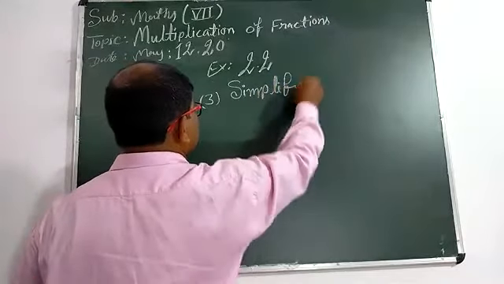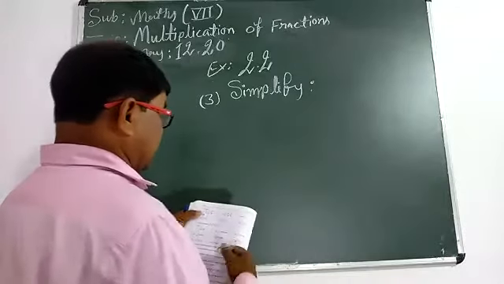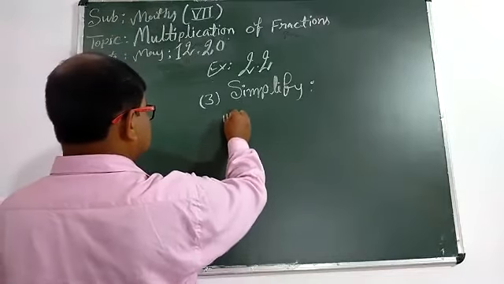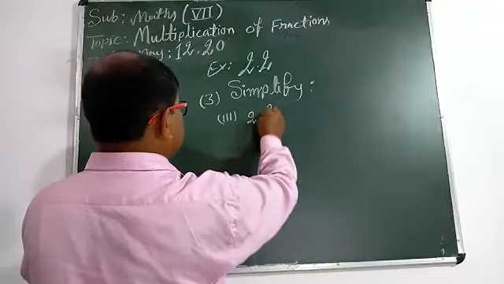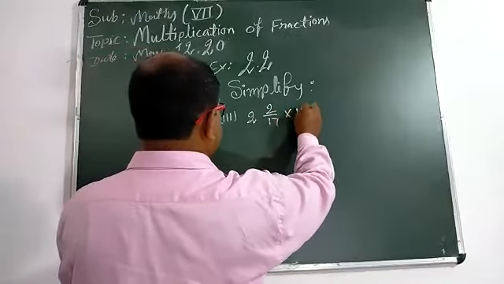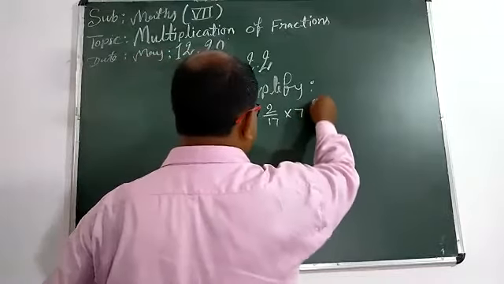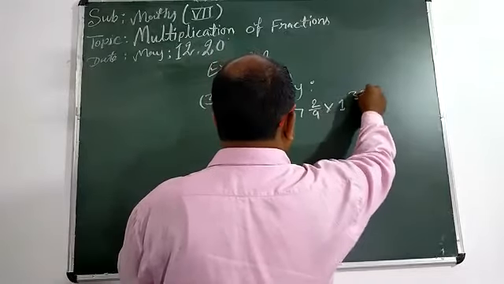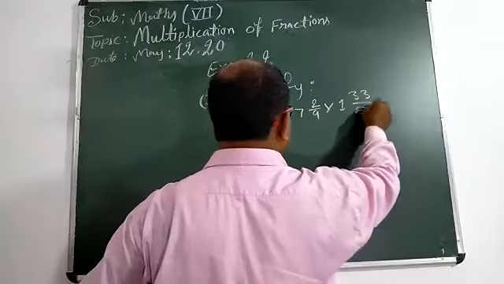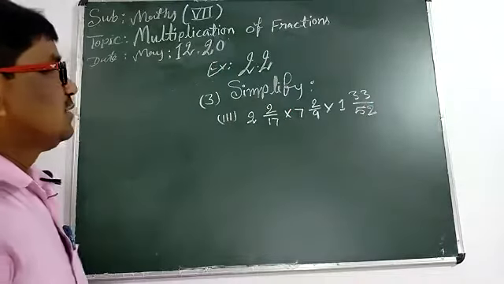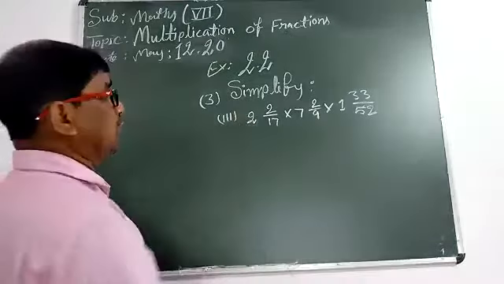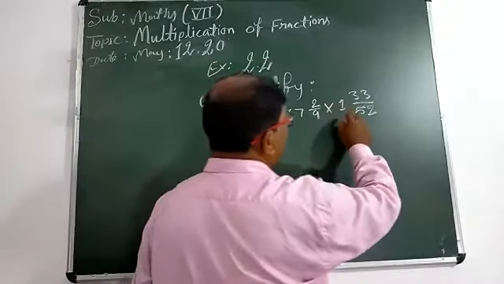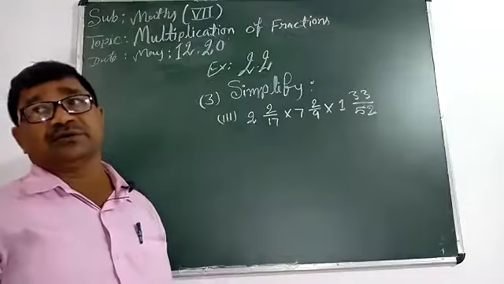Simplify. Two whole number 2 upon 17, multiply 7 whole number 2 upon 9, multiply 1 whole number 33 upon 52.